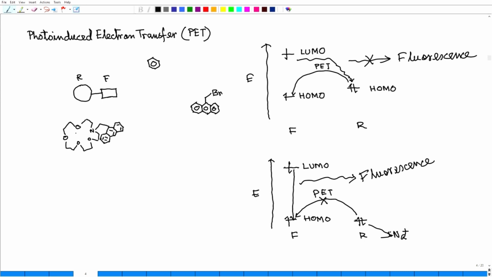Now I put in sodium, excite this system again, and I see a strong fluorescence. That means when sodium enters here, I see strong fluorescence.